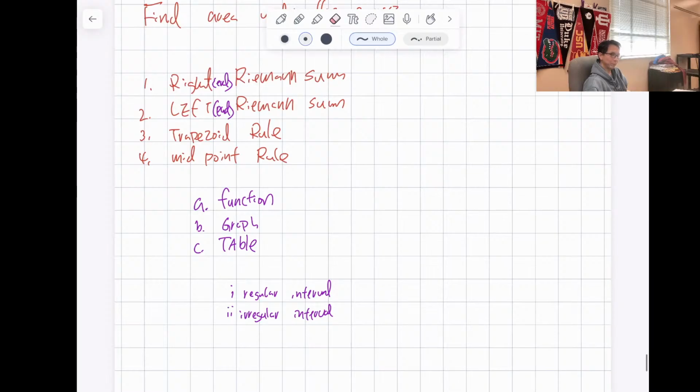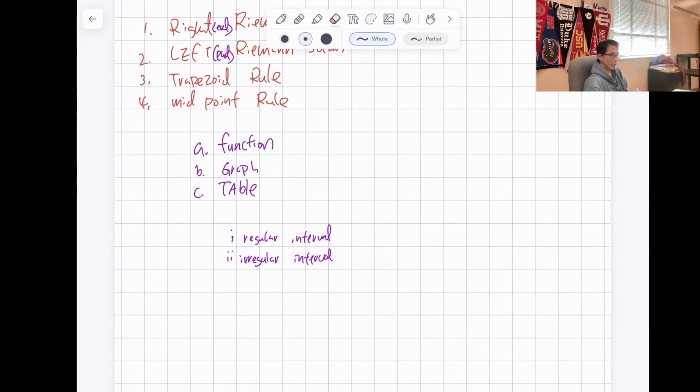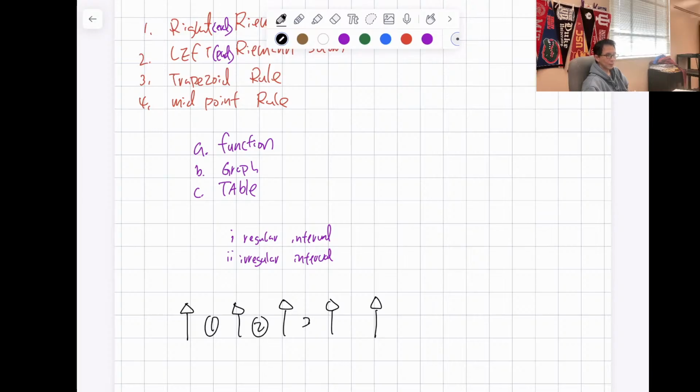So in 4th grade, I learned that if there are 5 trees in a row, let's say 1, 2, 3, 4, 5, how many spaces between trees? 4. You might think it's 5 spaces, but it's actually 4 spaces, because the first one and second one form the first space.